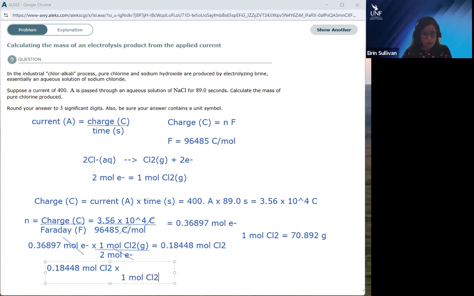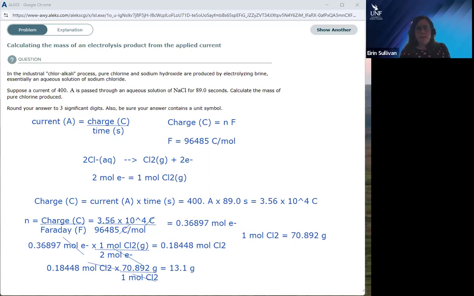That works out to about 13.078 grams. In terms of sig figs, we said 3 sig figs, so I'm going to round that to 13.1 grams, and that is good enough for me. Hopefully it's good enough for you too, and as long as it's good enough for ALEKS, we are all happy.